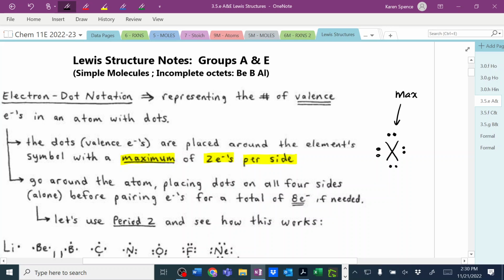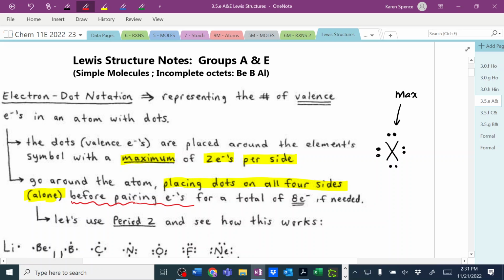Does that look familiar? Did you do anything like that last year? Yes, okay, good. So you're going to go around the atom, placing dots on all 4 sides alone, before pairing electrons.